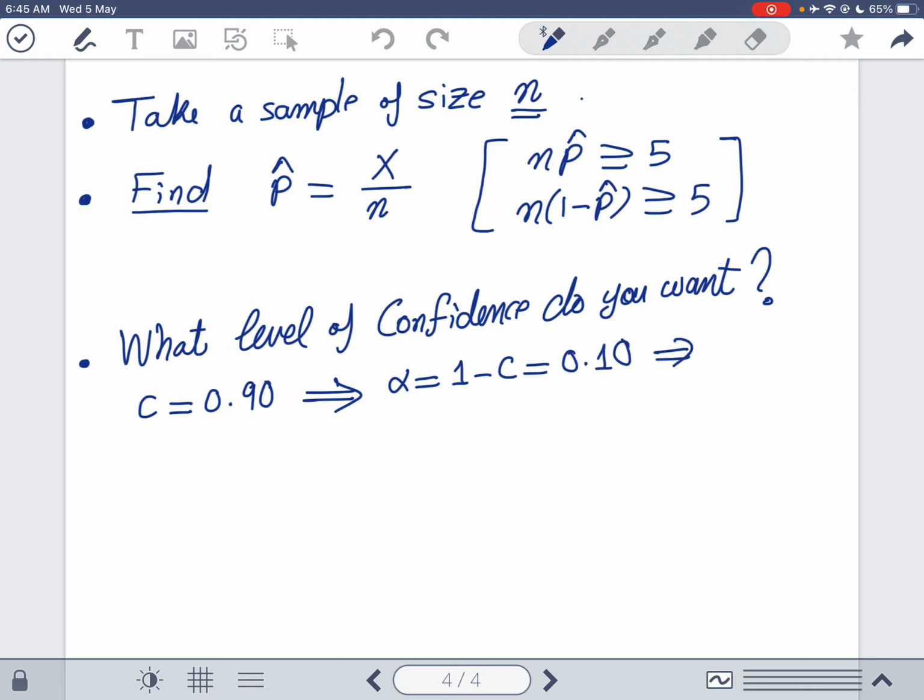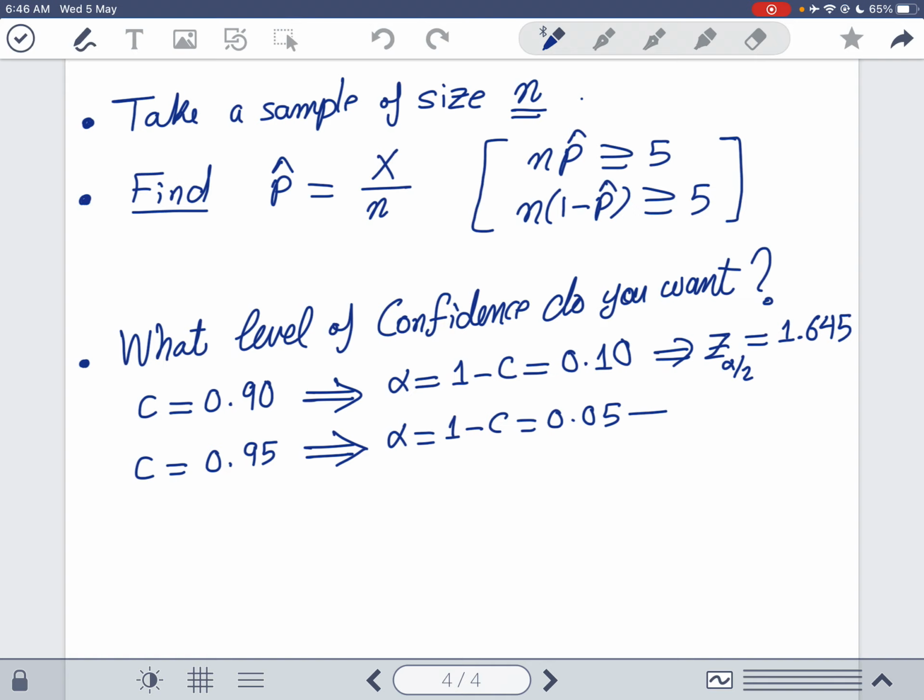And in this case, the critical value Z alpha over 2 will be 1.645. And if C is 95%, then alpha will be 5% in this case. This is the most used number in statistics, because we use 95% confidence intervals a lot. This will be 1.96 for 95% confidence.